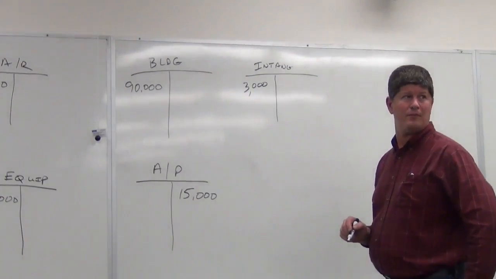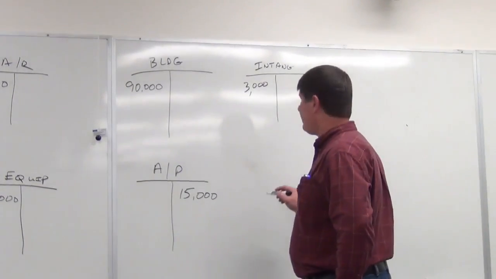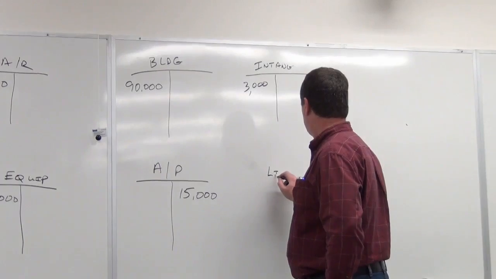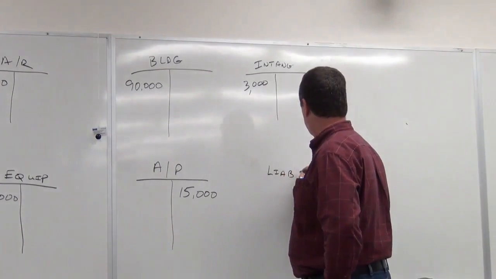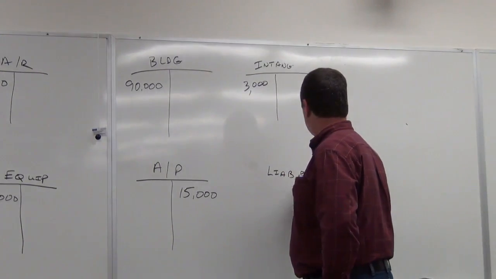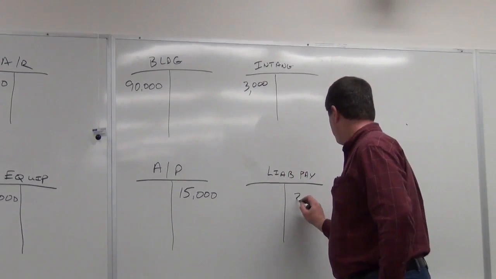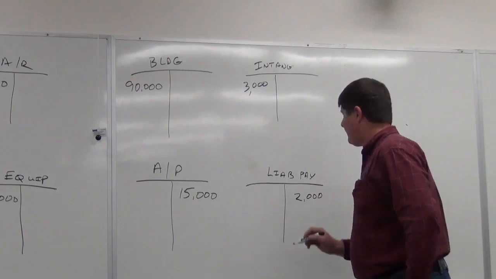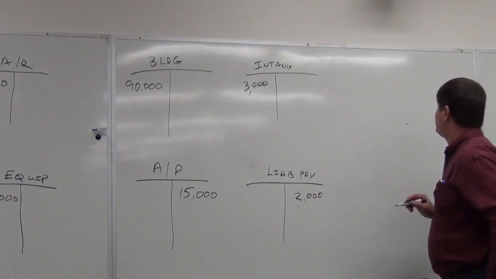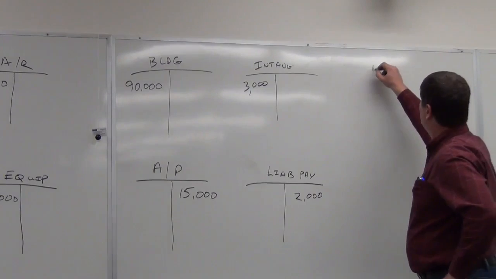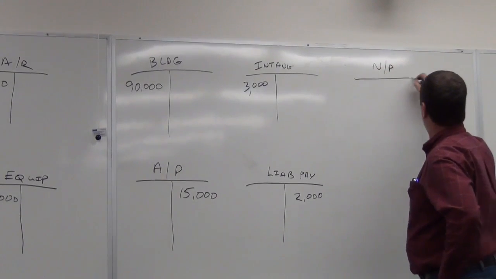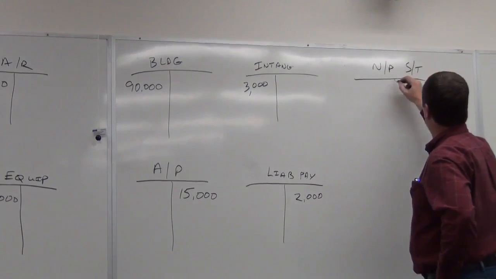Accrued liabilities payable. So we owe, again, we owe money to others. How much do we owe? 2,000. Okay. Next. Notes payable short term.